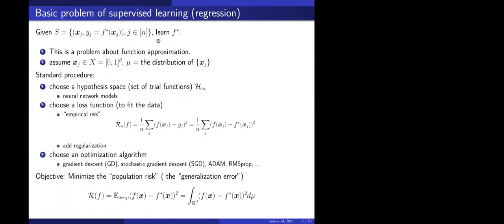And our task is to learn f star, namely try to approximate f star as accurately as we can. So this is the problem we want to solve. This is the problem about functional approximation.